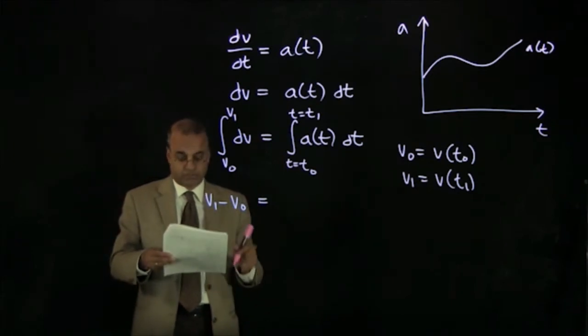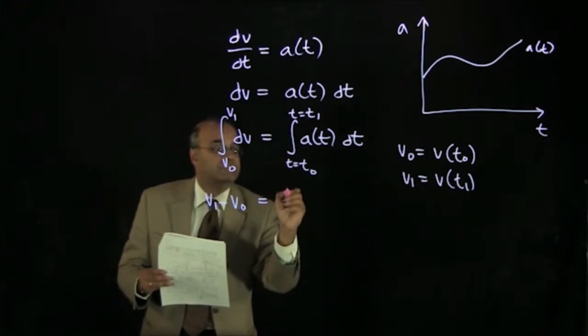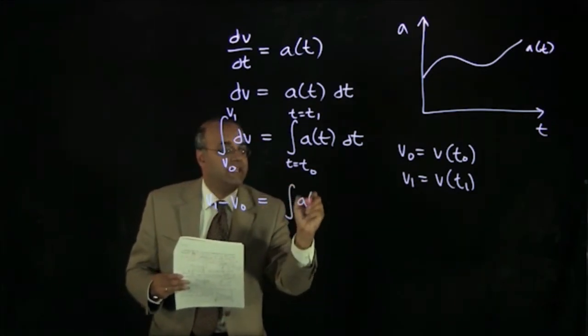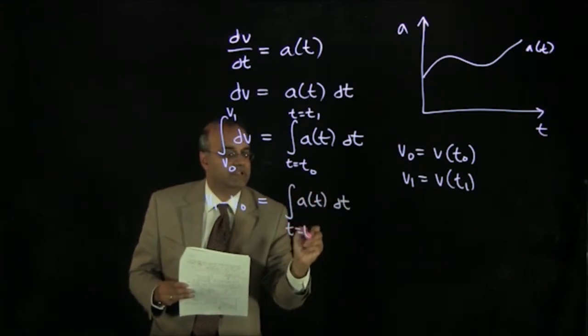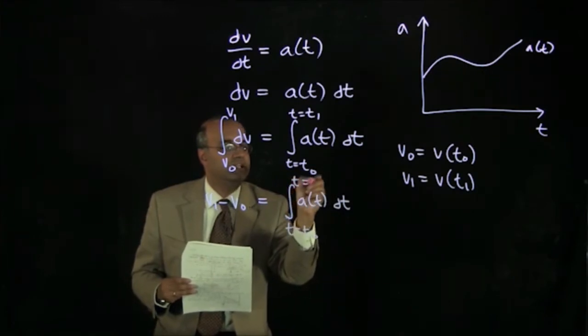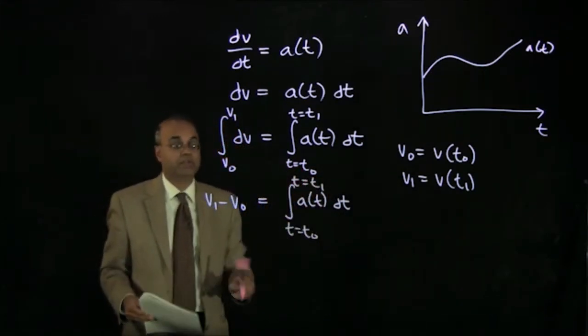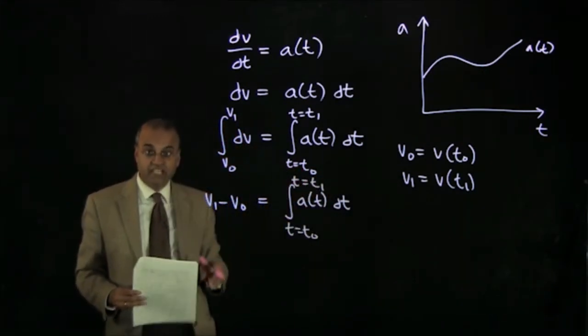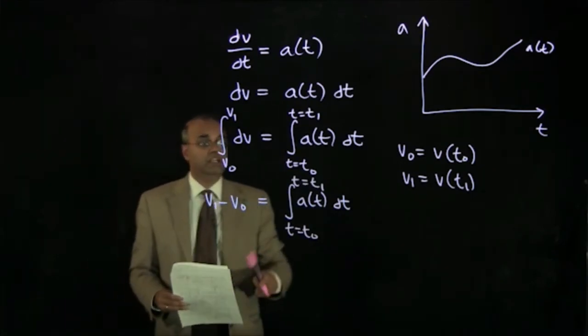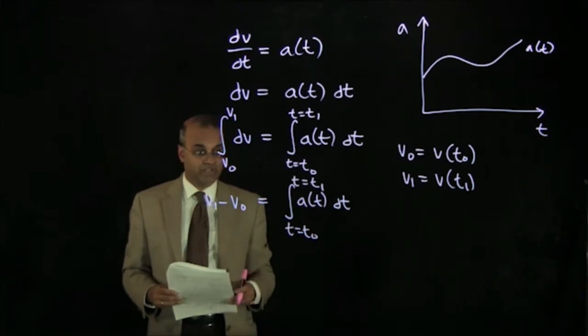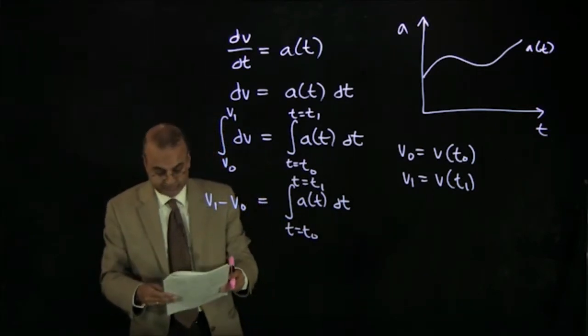So we'll just have to leave it in terms of an integral. And so that's just the integral of a of t dt from t equals t naught to t equals t sub 1. So again, this shows us that the change in the velocity from time t0 to a later time t1 is equal to the definite integral of a of t over that interval.